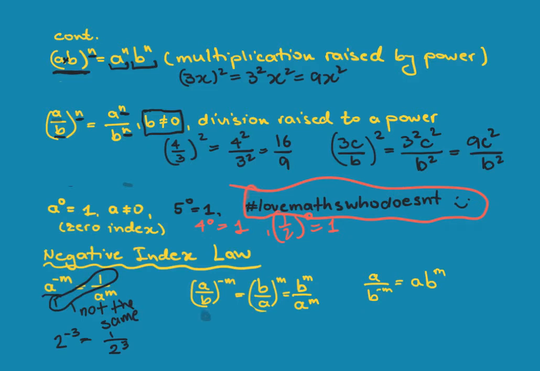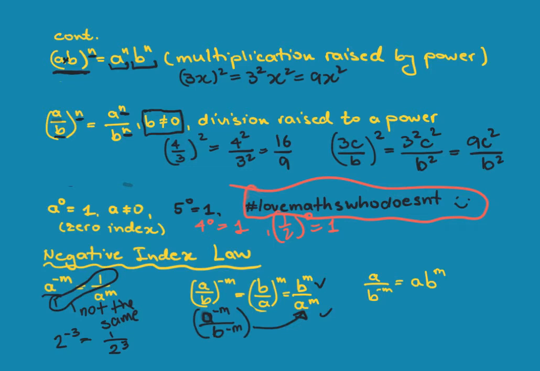So if I have b to the power of m over a to the power of m, and then if I swap the numerator and denominator, it's going to give us b to the power of m and a to the power of m. I guess I'm going to have an example for this maybe on the next page.